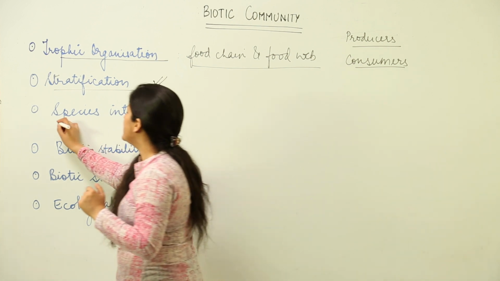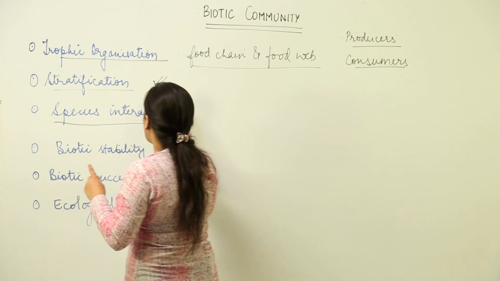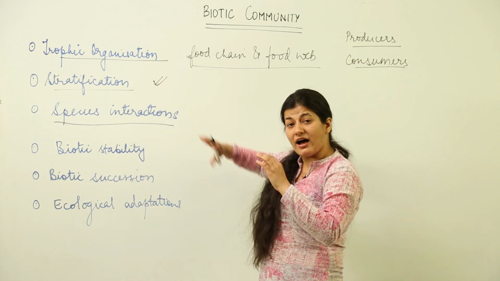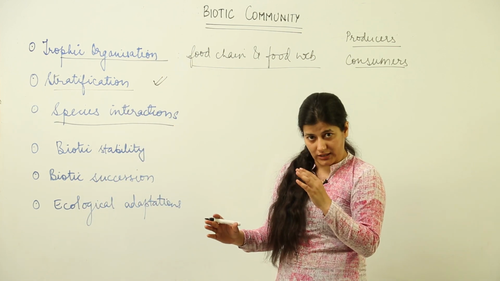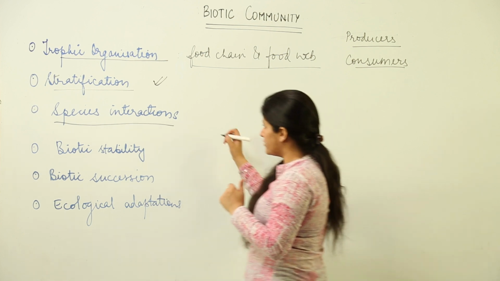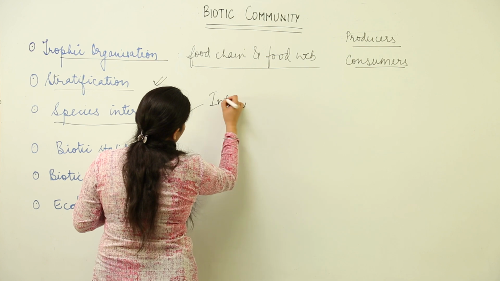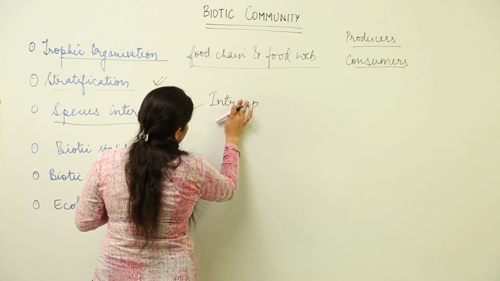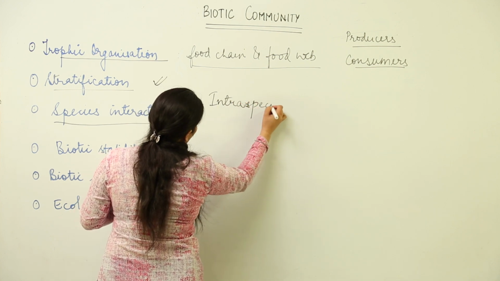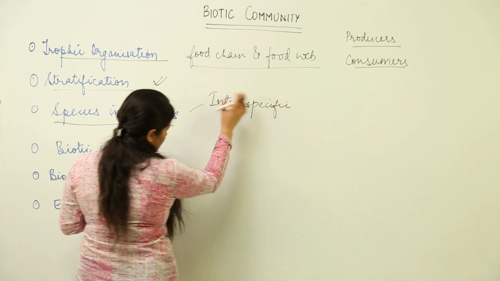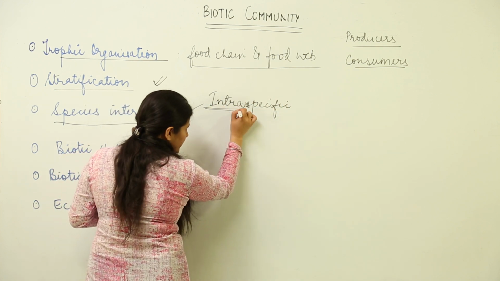Then, within the ecosystem, apart from the organizations, we have how the species are interacting within themselves. Talking about species interactions, we have intraspecific interactions and interspecific interactions. Intraspecific interactions, as the name suggests, intra means within the species.